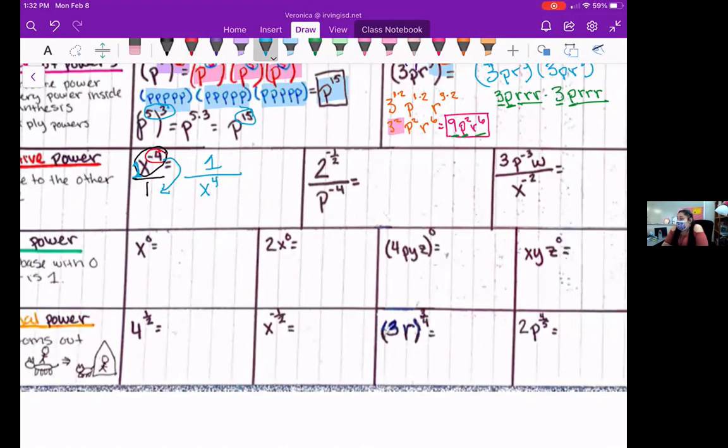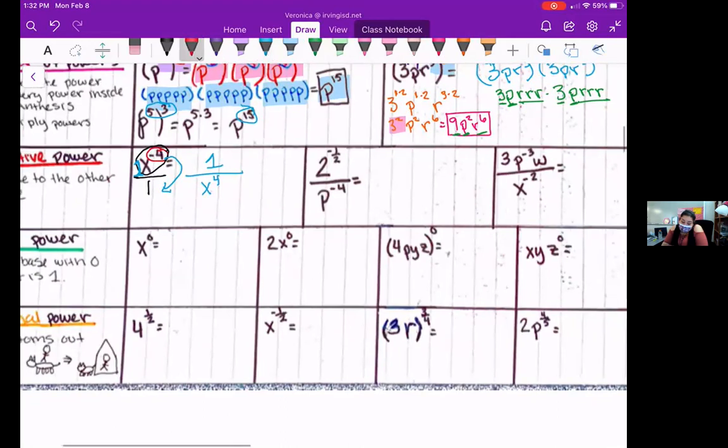I don't care what the base is. The exponent is negative, so this entire thing is going to get thrown to the other side. What do we see at the denominator? We also see a negative exponent, so that entire thing is going to go to the other side. Anytime you're negative, you just throw it to the other side and the negative goes away.